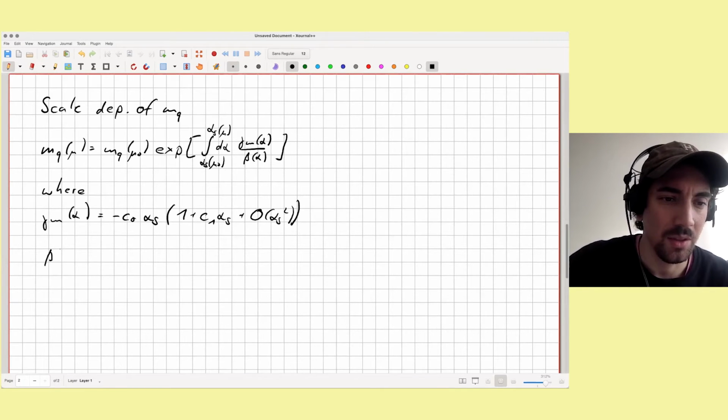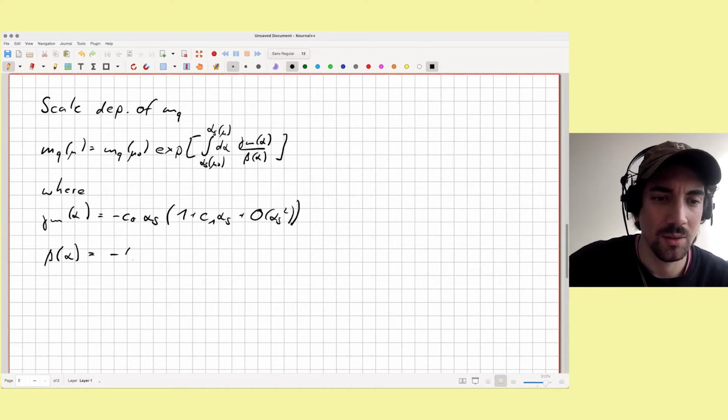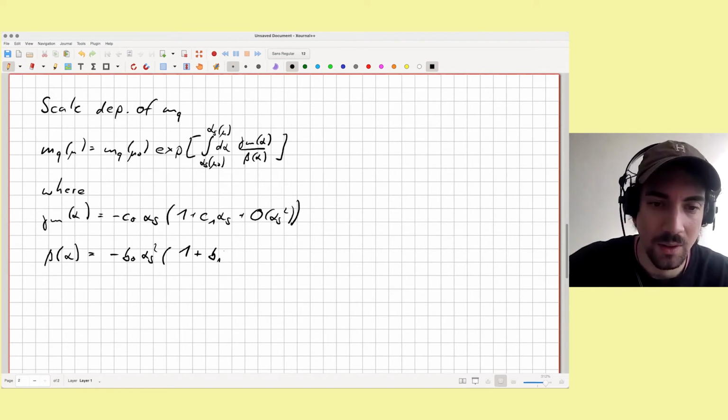We've seen by now many times. For this, we get the following expansion in alpha s. The structure is exactly the same as the anomalous dimension, but we've got one more power up front.